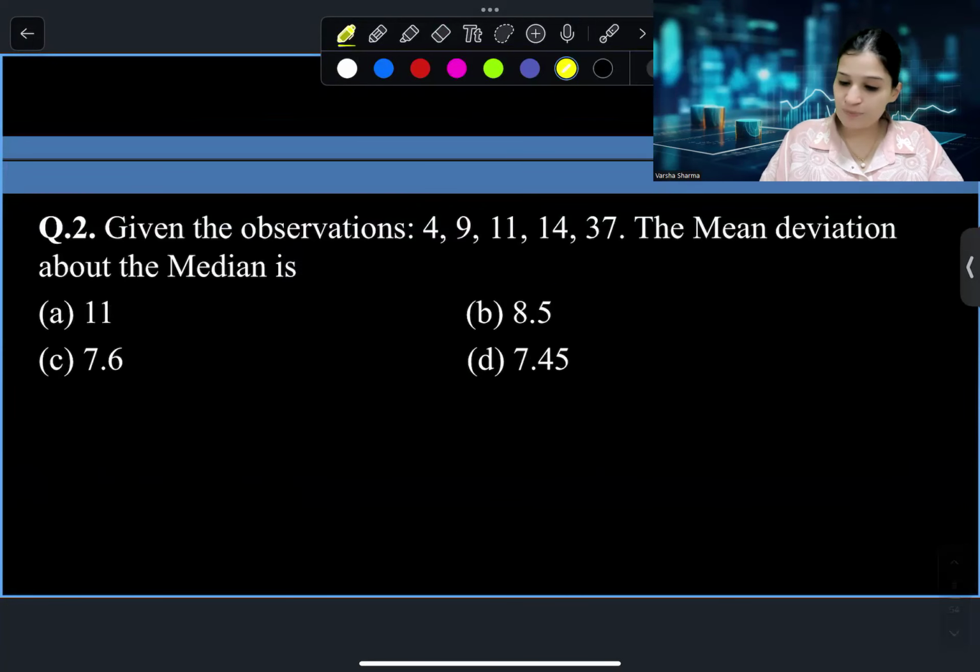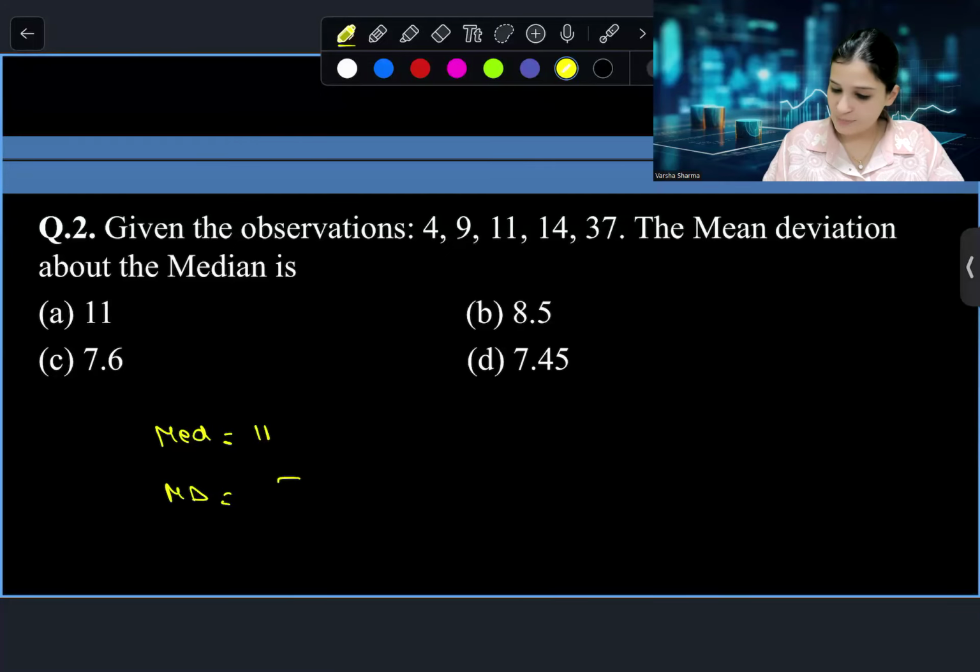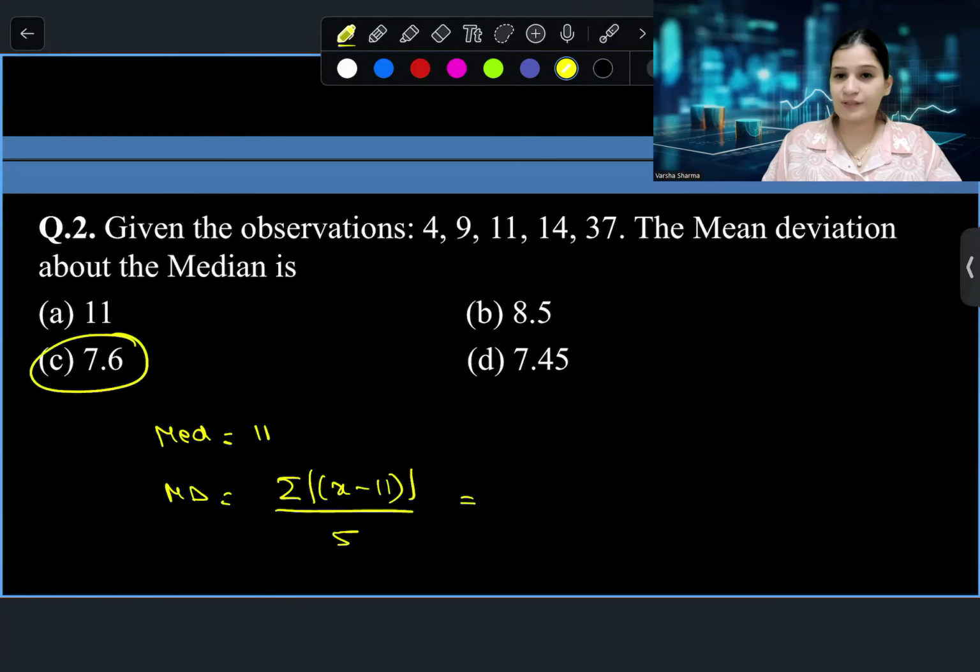The mean deviation about median. First, what is median here? If you arrange it, it becomes 11. It's already arranged. And then mean deviation: summation x minus 11 absolute value divided by number of observations. 7.6.